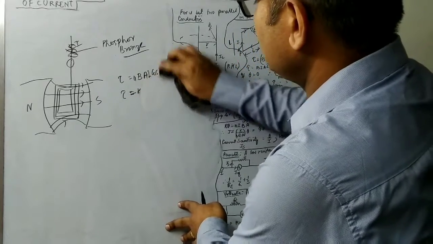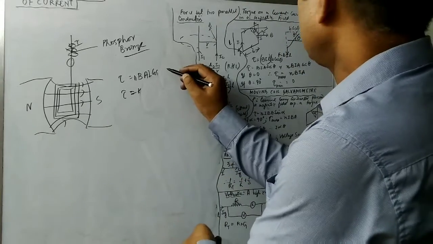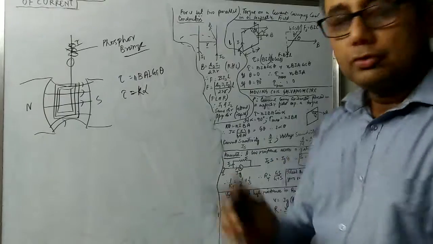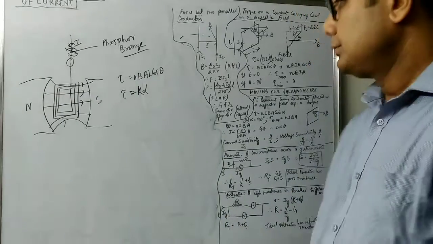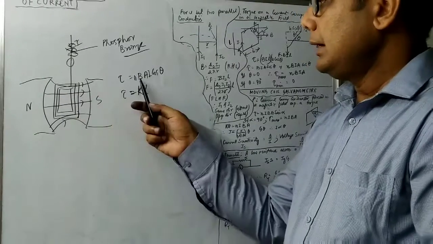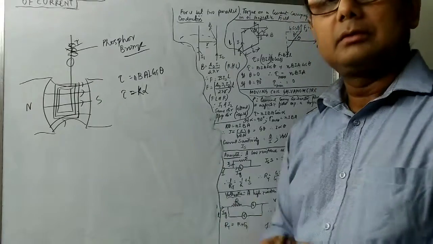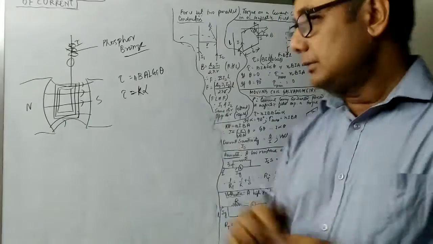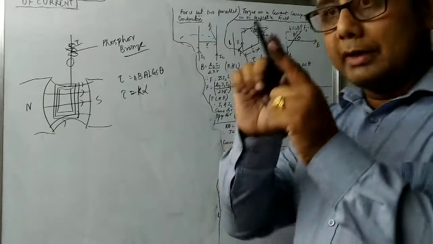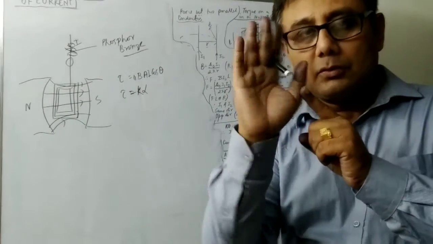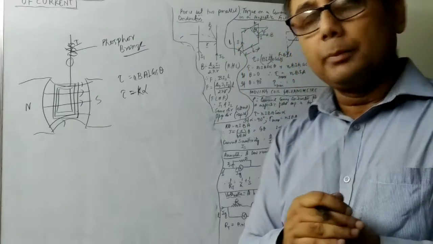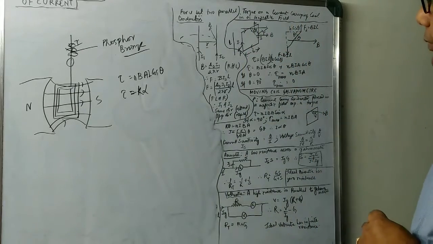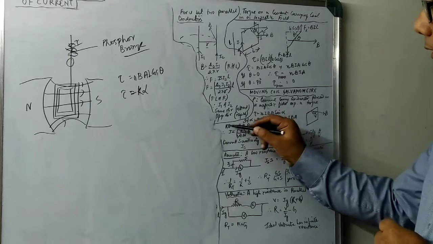Let us take this as alpha and this as theta, because if I show it with a different variable, you will get confused. So the torque acting on the coil will be NBAI cos theta, and due to the twisting, the torque acting is K alpha. When the two torques balance, the motion of the rectangular coil stops. So these two will be equal, and here I have made them equal.